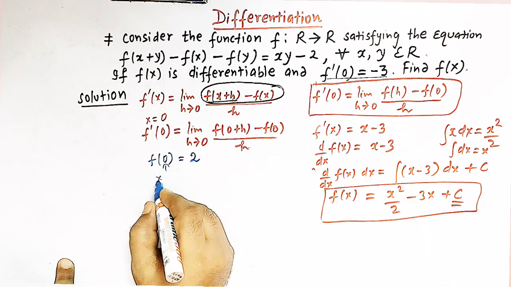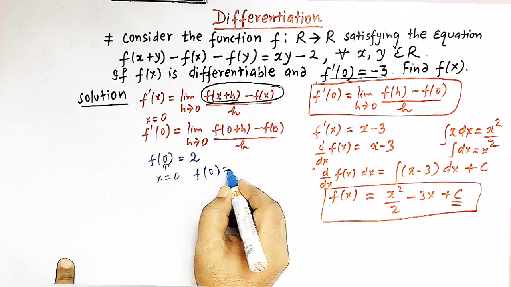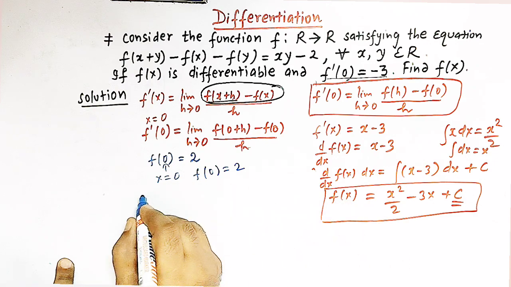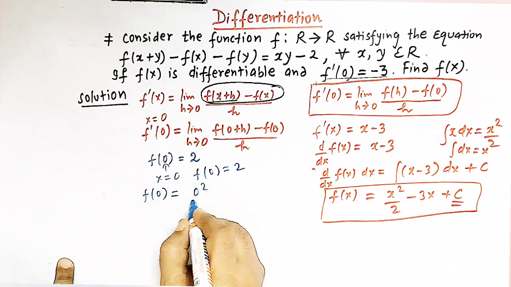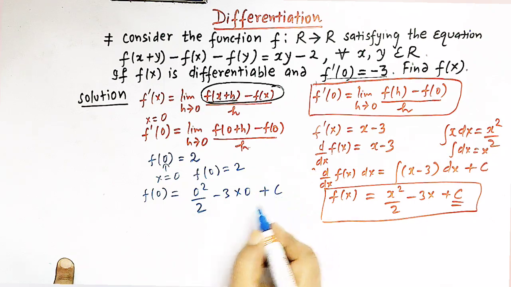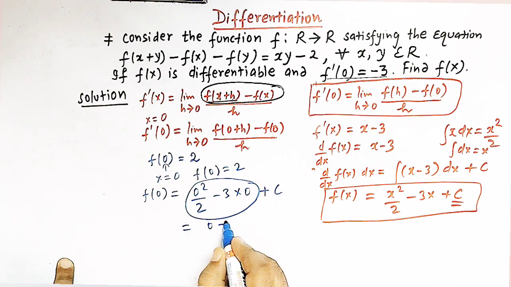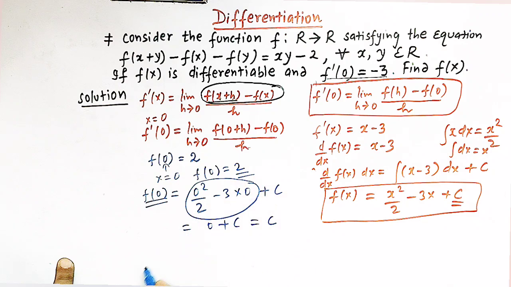So if we take x is equal to 0, then f of 0 is equal to 2. So here taking x is equal to 0, we have f of 0. Here we have 0 square over 2. Here we have minus 3 times 0 plus c. So this term is equal to 0. So we have 0 plus c, that is c. And f of 0 is equal to 2. So the value of c is equal to 2.